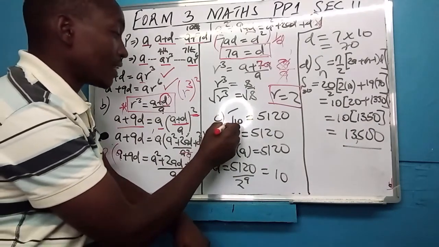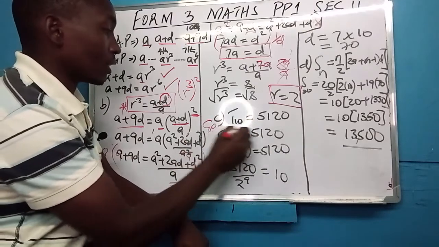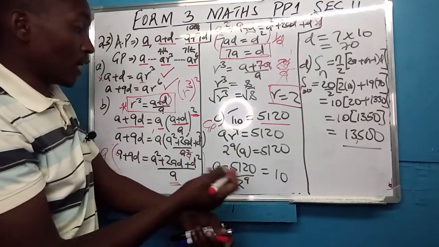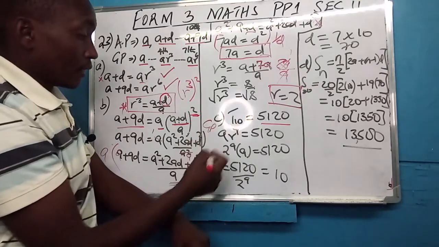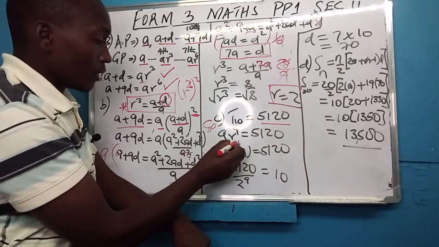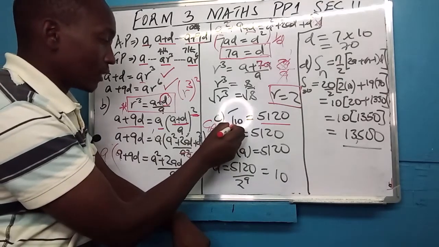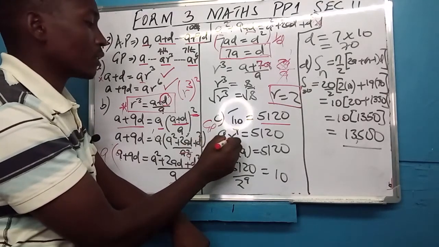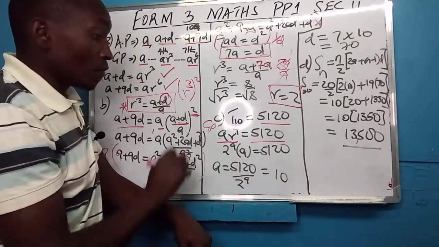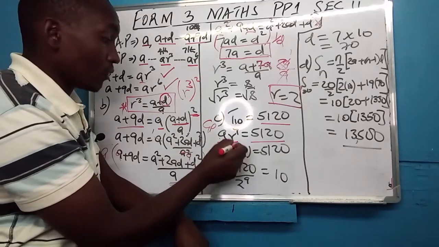Good. With that, we have now the part C. You're given that the 10th term of the GP is equivalent to that, 5120. So you work out the values of A and D. Once you have the A, you work out D. So how do you work out A? If it's the 10th term, it means A times r to power 9 equals to 5120. Now you have the value of r.